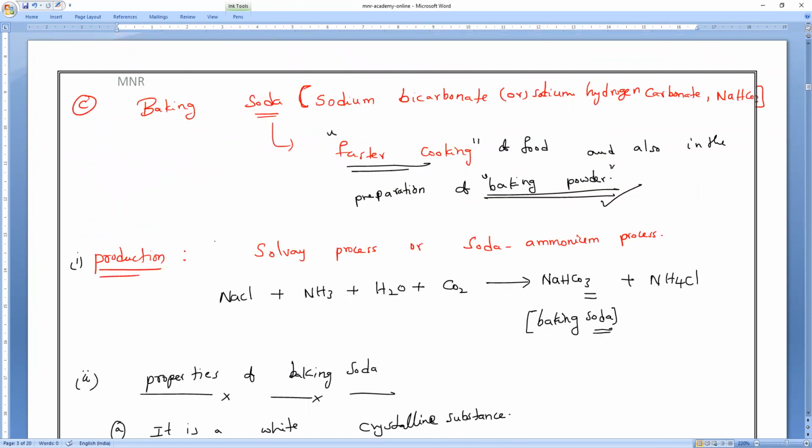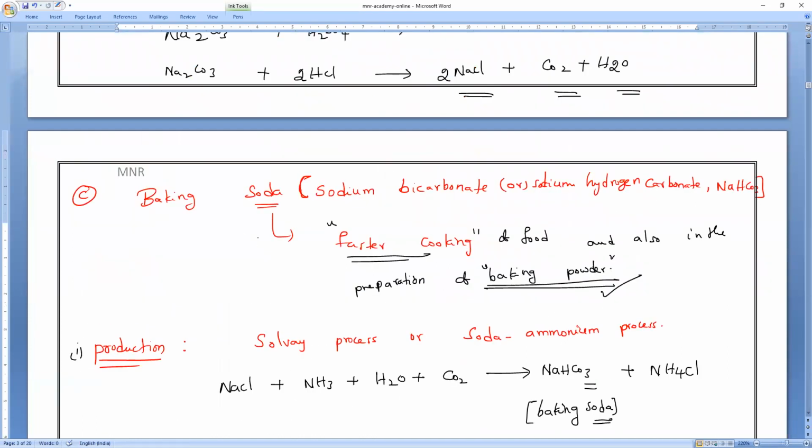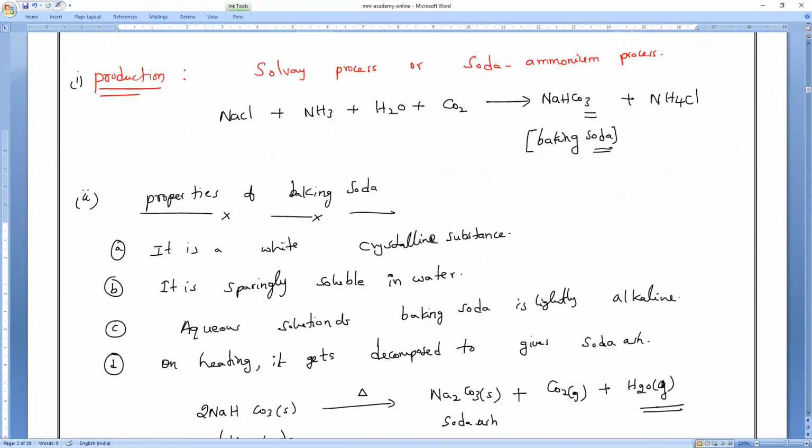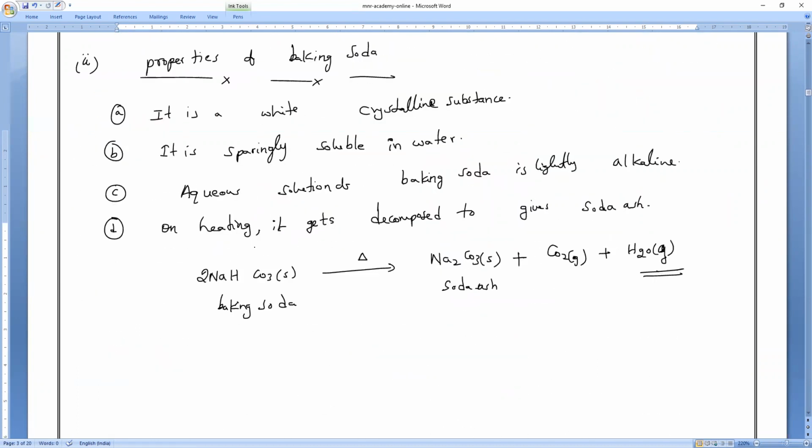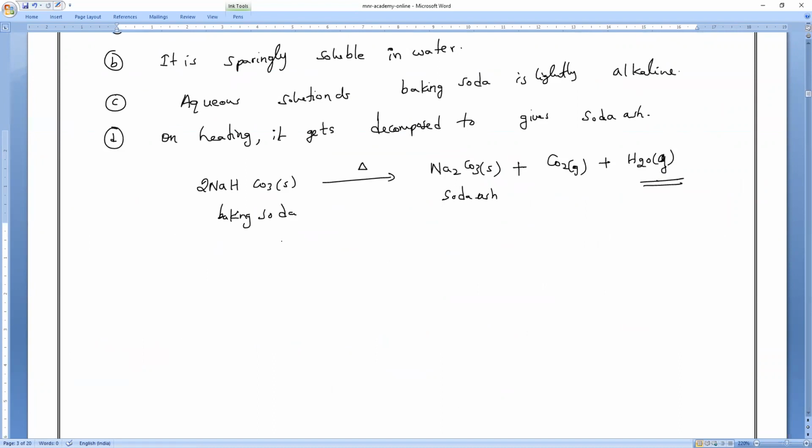Antacid, an alternative for magnesium, that is milk of magnesia, magnesium hydroxide. And one more thing I also taught you. Anybody can tell me? Soda acid fire extinguisher. Understand? So baking soda in the soda acid fire extinguisher is the most important application of sodium hydrogen carbonate. We will discuss all the things in tomorrow's class.